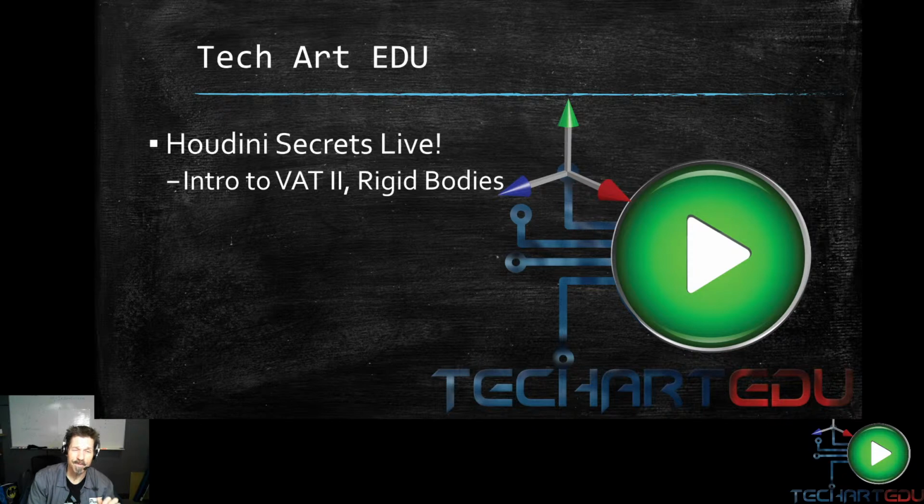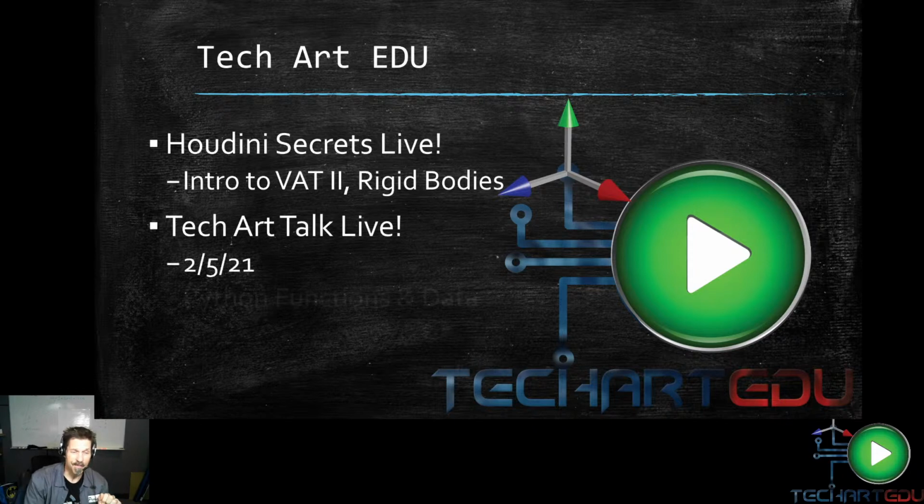Really, really powerful stuff. And next week, on the 5th of February, we're going to be dealing with Python functions and data. We kind of went over a little bit of that today by default, and I wanted to cover it officially for you folks next week. We're going to go into more Python functions and data.